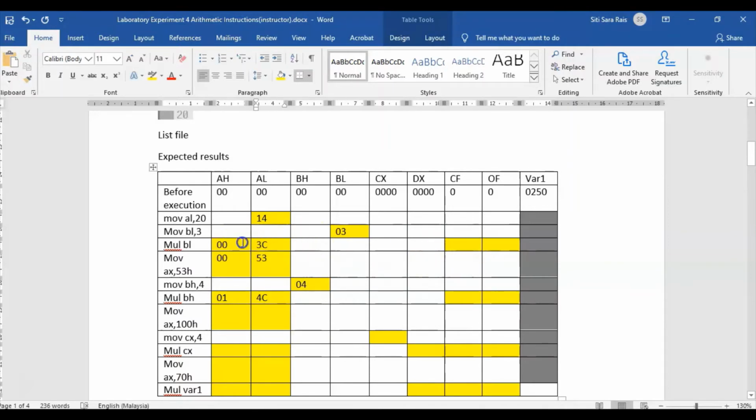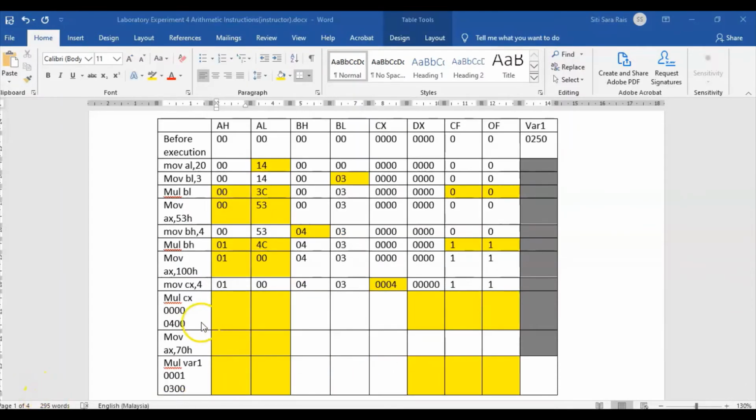When the high result is 0, the flag must be 0. When the high result is not 0, it must get 1. Then we have AX 0100, and then CX is 0004.